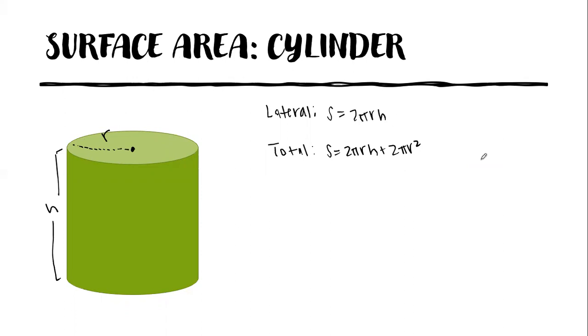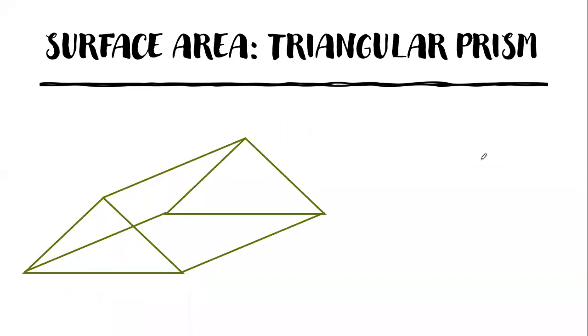All right. And then we have the surface area of a triangular prism. This is the one I think that most people were like, ugh, triangular prisms. Okay, so I'm just gonna write some numbers first.